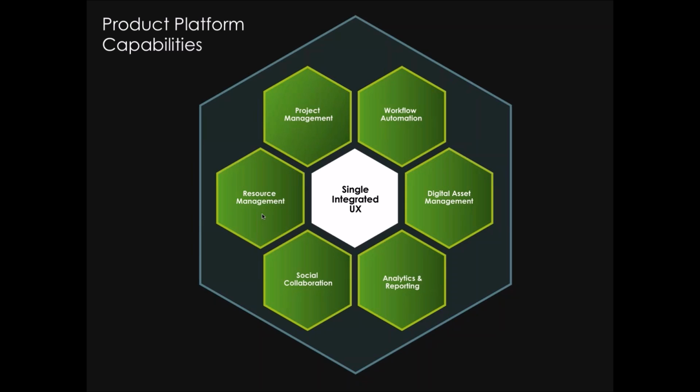So it's very modular, and that's why we've set it up in this way. You don't have to use all these different capabilities, and we can put a different user experience around it as well, again with the intention of simplifying it for the user and making it very easy for them to adopt.